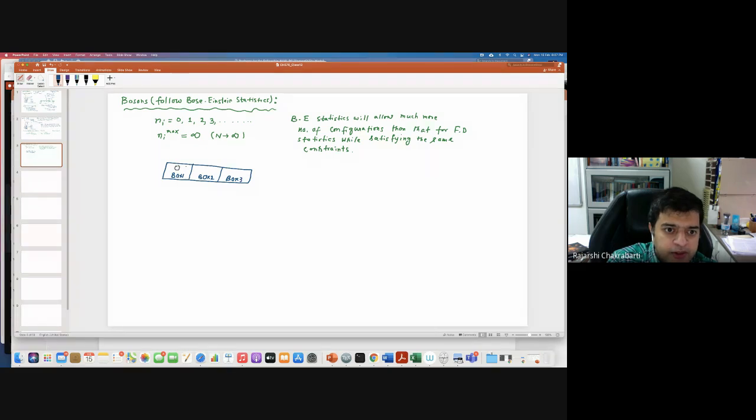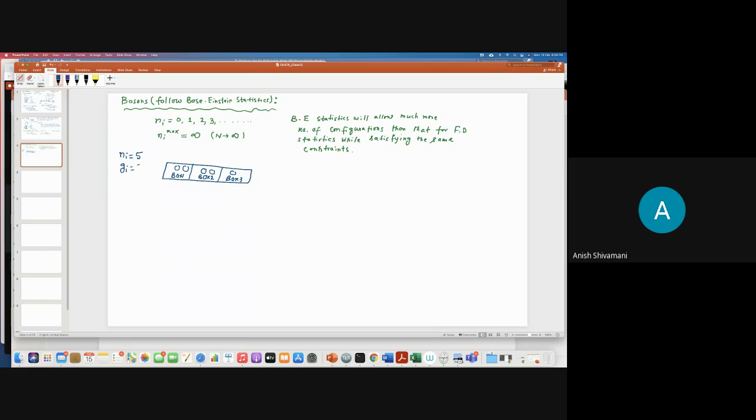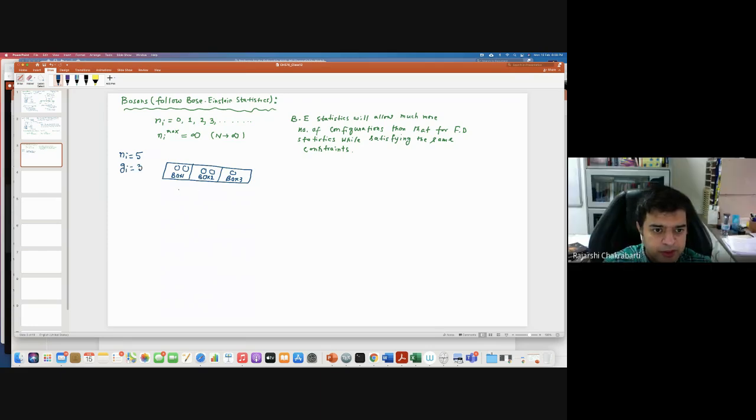I have 2 particles here, 2 particles here, 1 particle here. So Ni is equal to 5. What is the value of Gi here? 3. This is one possibility.